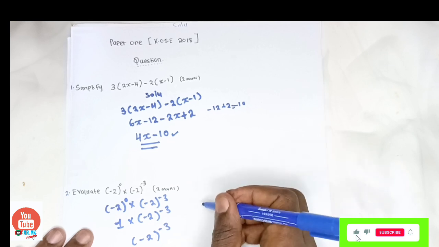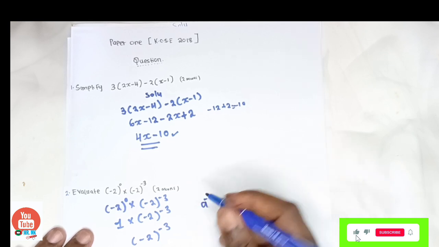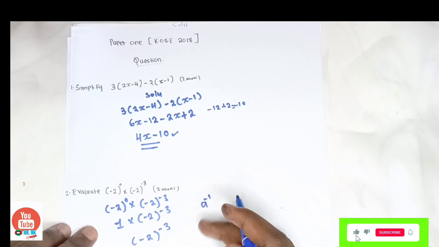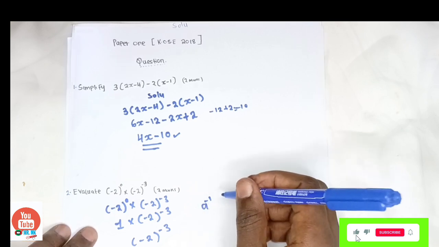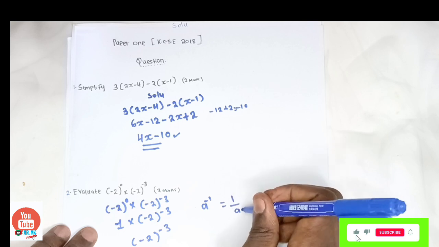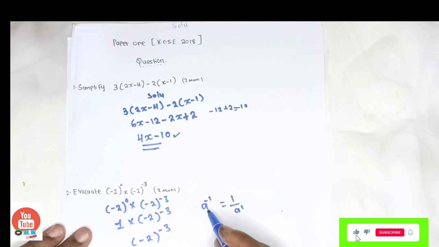For example, a raised to negative 1 is 1 over a raised to 1.